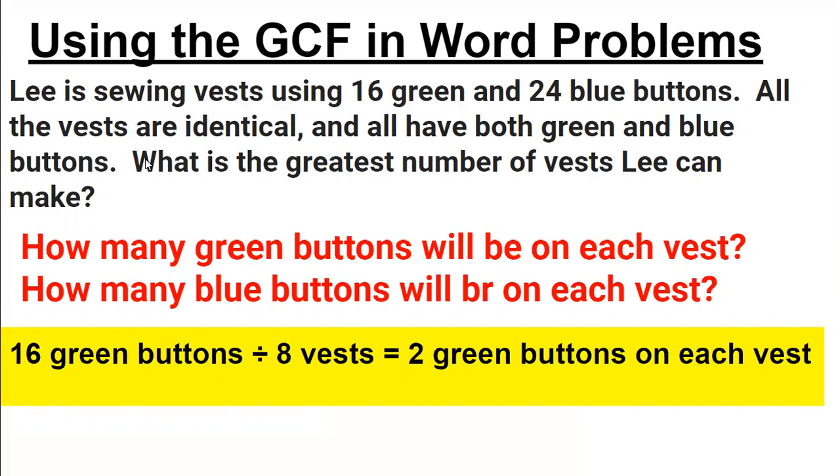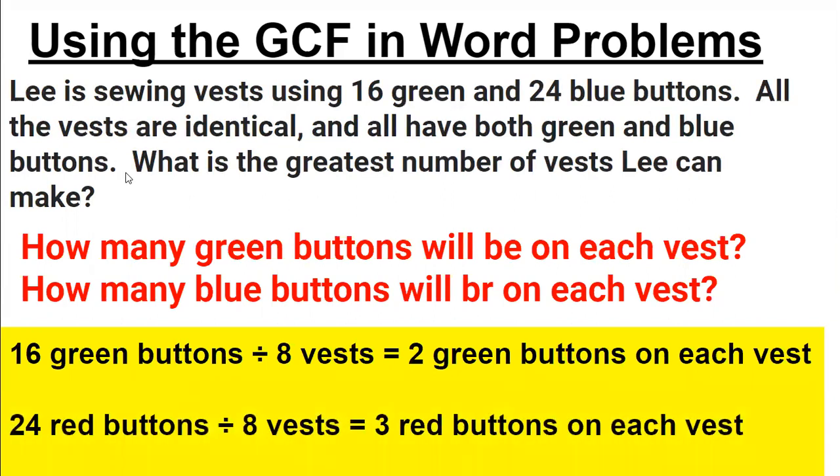What about the blue buttons? 24 blue buttons divided by 8 vests is equal to 3 blue buttons. Got too many typos today. I should actually make it the color blue, shouldn't I? So 24 blue buttons divided by 8 vests, the greatest common factor, should equal 3 blue buttons on each vest.